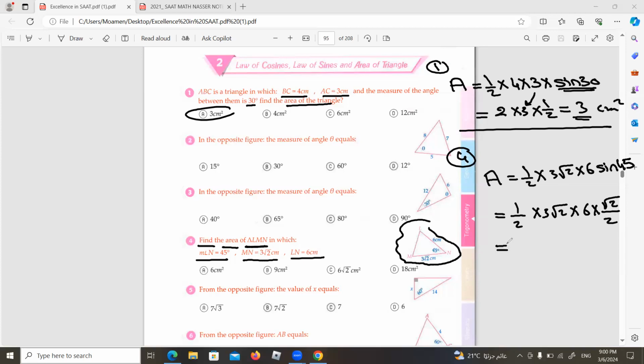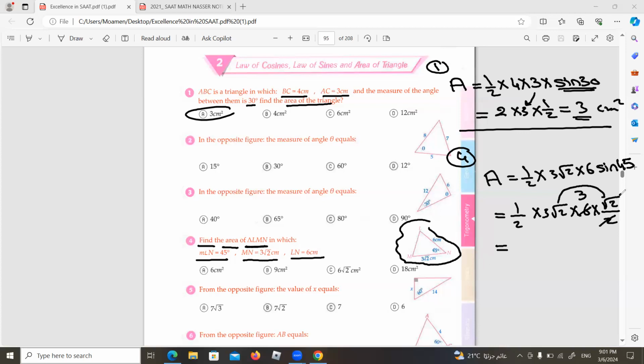It's a cancellation, so pay attention to this. First, I'll cancel this 2 with the 6. The remainder is 3. And then after that, I'm going to multiply root 2 times root 2. Root 2 times root 2 equals root 4, and root 4 is equal to 2.